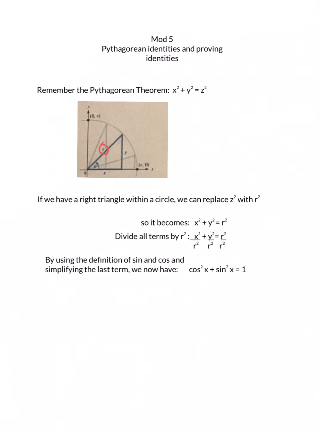Y over r is sine, so we have plus sine squared equals 1. This is what is known as the Pythagorean identities. We can write these identities in other forms, and so we are going to look at that next.